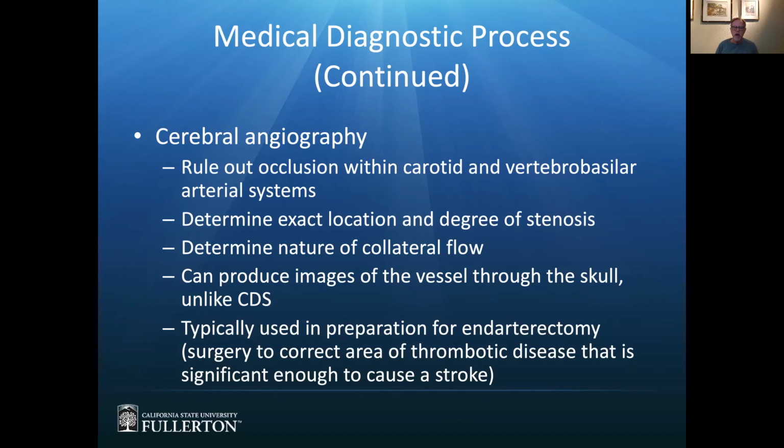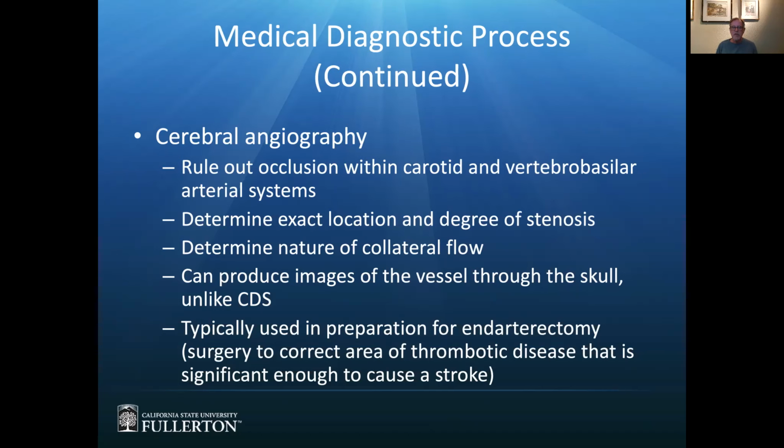So they can use the carotid Doppler scan to identify the disease process in the side, and then if the patient meets those criteria we just went through on the last slide, they'll plan to do an angiogram, cerebral angiography, and then a corrective surgery to take out the thrombus and make blood flow through the vessel better.